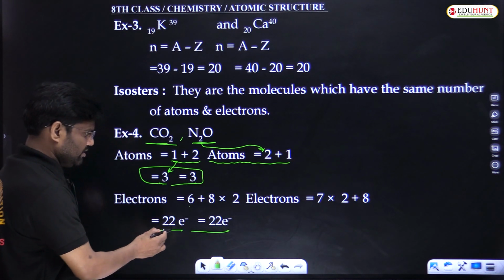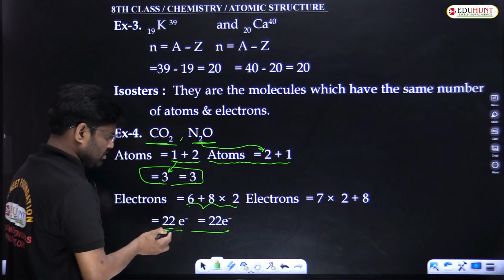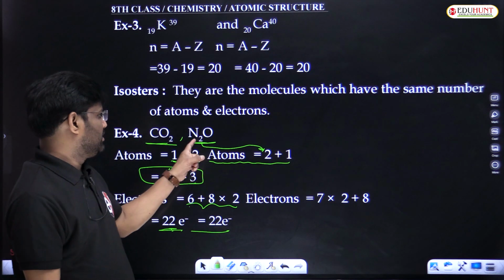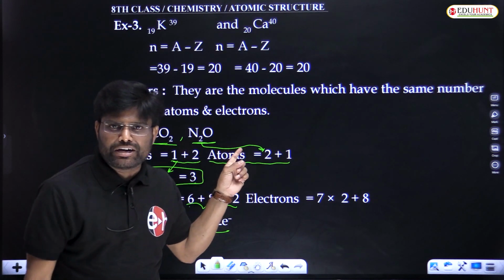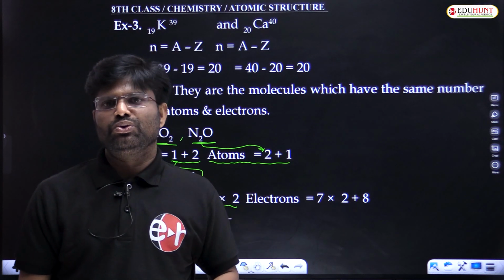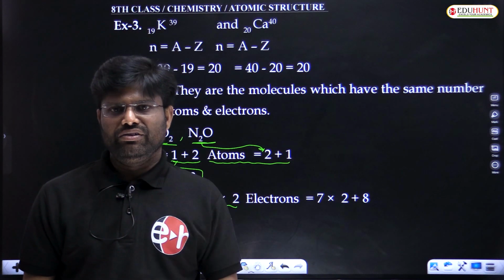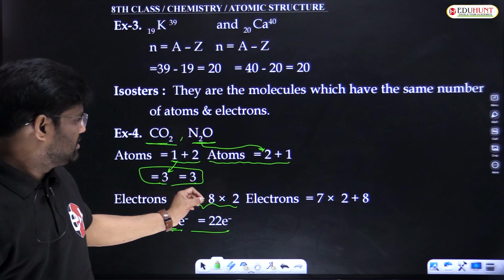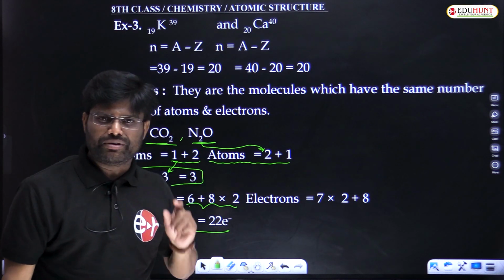Next, N2O. Atomic number of nitrogen is 7, and there are 2 nitrogens, 2 into 7, 14, plus oxygen, atomic number 8.